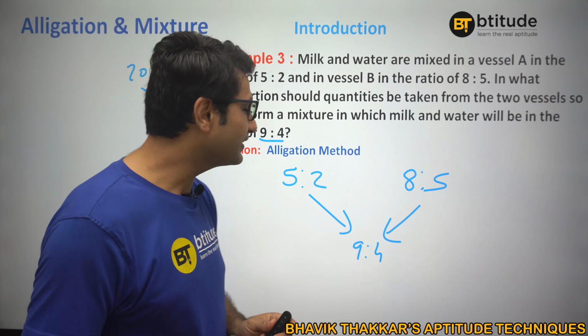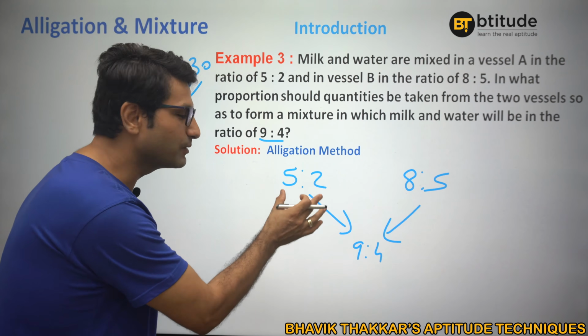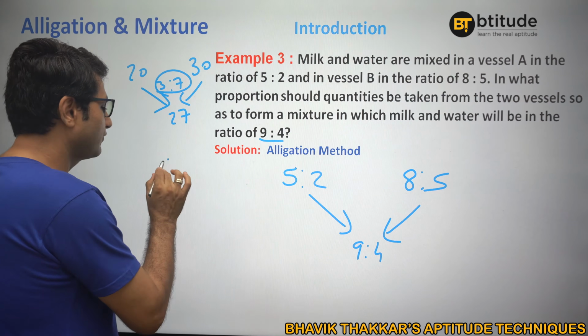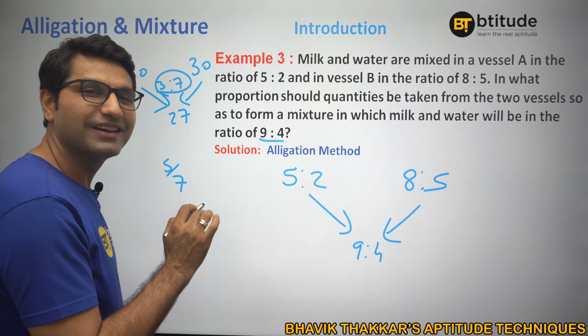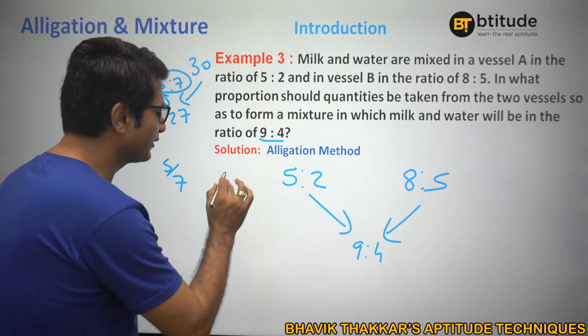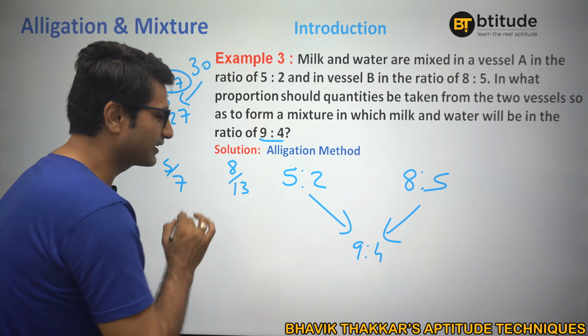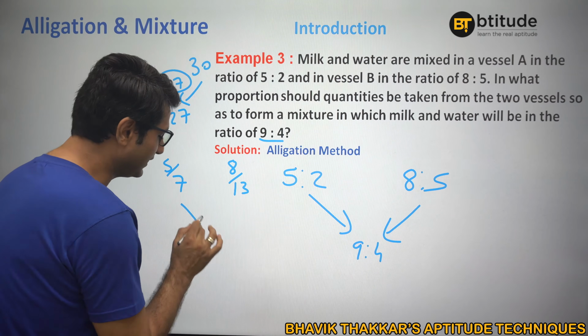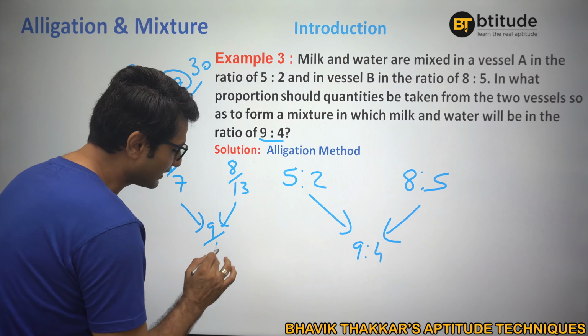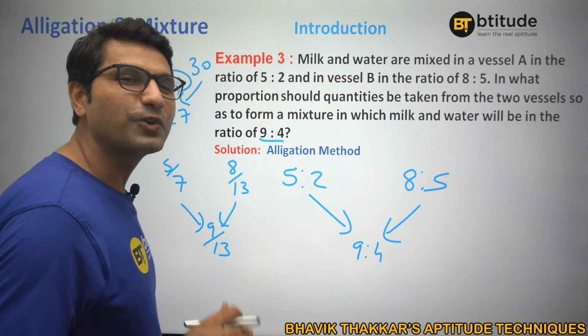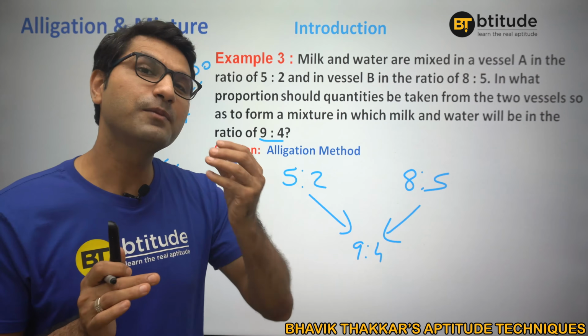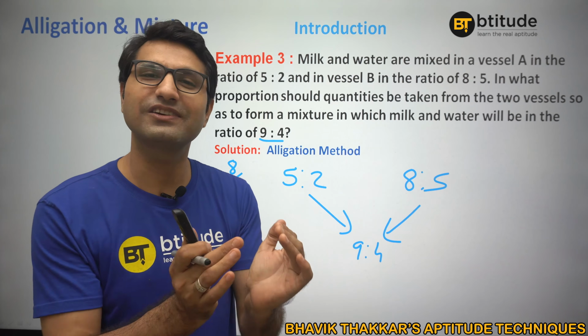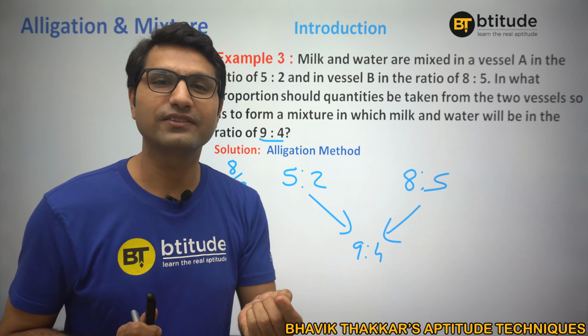The average could be the average fraction of milk or the average fraction of water. Can't I say this? That here, this is the mixture in which 5/7 is milk, 8/13 is milk, and 9/13 is milk. Can't you do this? So what you are doing? You are actually representing the whole mixture by a particular average.